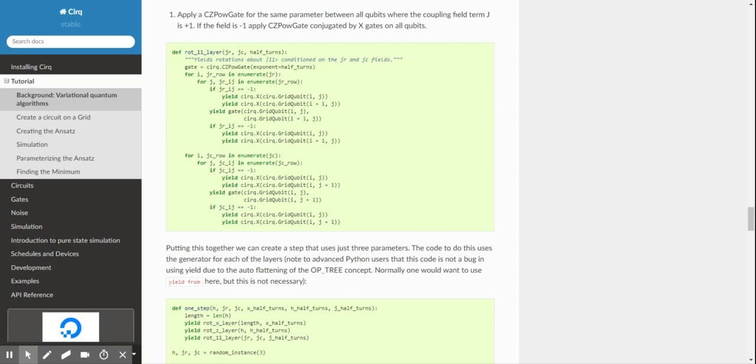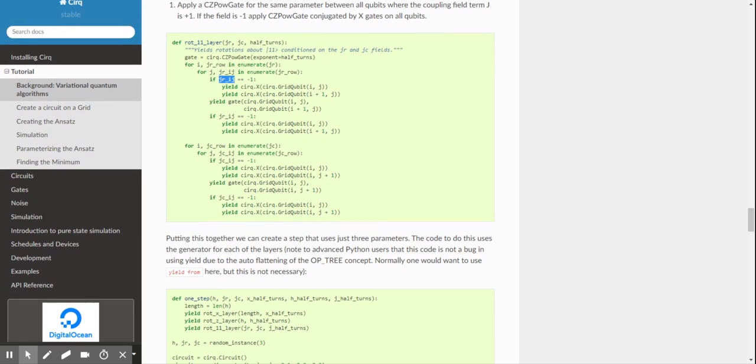So it iterates over the JR, and then J row, and then basically it iterates over each of them, and then it says if this is -1, then basically you apply a, so that's the -1 case.